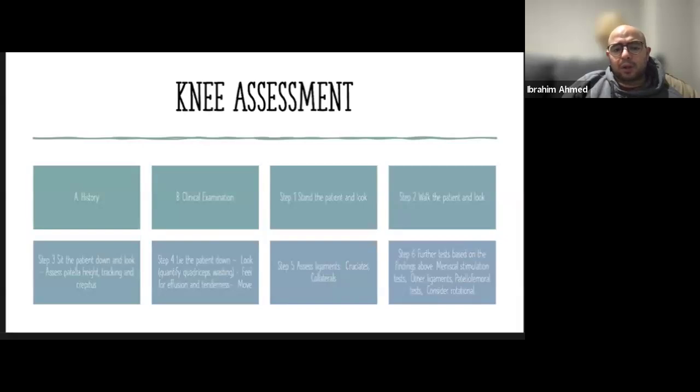Collaterals at 0 and 30 degrees, cruciate with posterior drawer, anterior drawer, and Lachman, pivot shift test is commonly asked in the shorts. You finalize it by doing specific tests. If there is malalignment, then you may need to go for a rotational profile, Beighton score for patellofemoral, or apprehension test, like patella laxity.